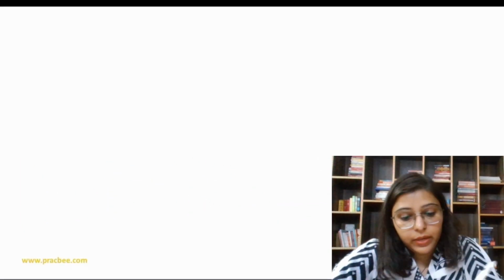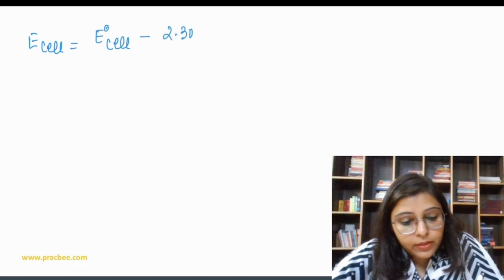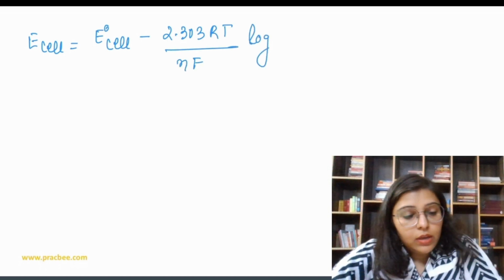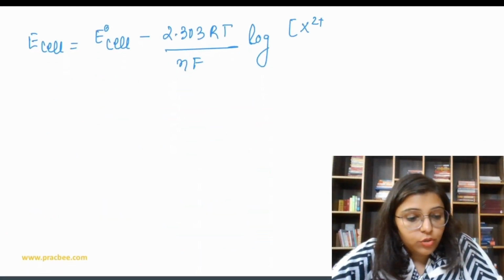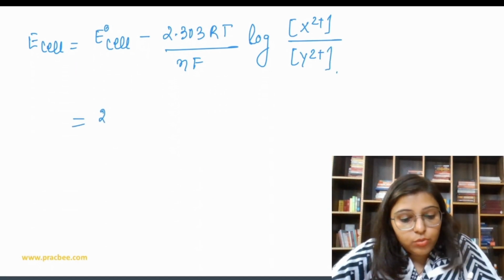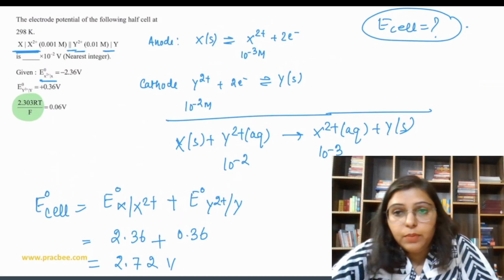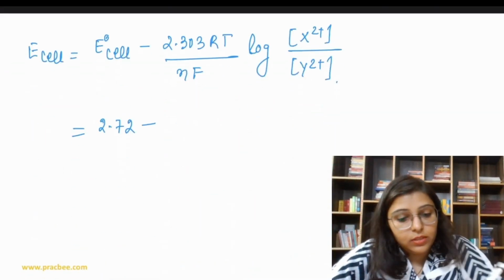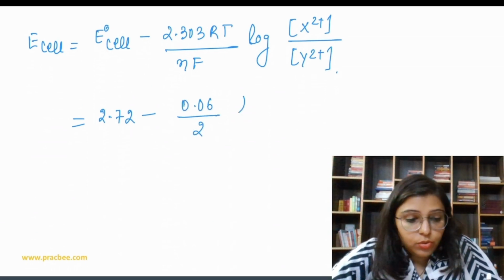Now we have to calculate E cell. So what is E cell? E cell is E naught cell minus 2.303 RT upon NF log concentration of X2 plus divided by concentration of Y2 plus. E naught cell is 2.72. Now 2.303 RT upon F we take as 0.06, number of electrons 2.